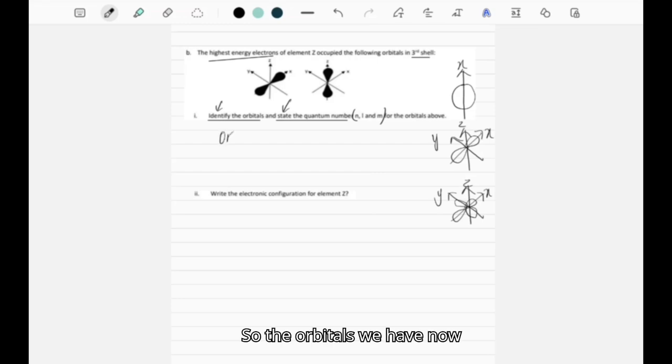So the orbitals we have now are p, and since this is the third shell, it's 3p, lying on x and z. So it's 3px and 3pz.